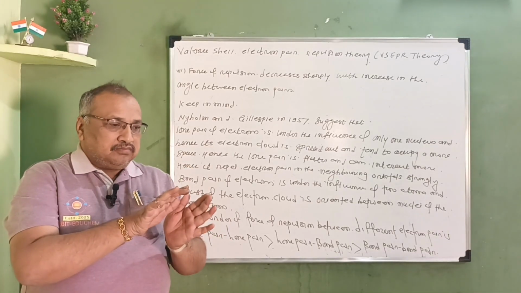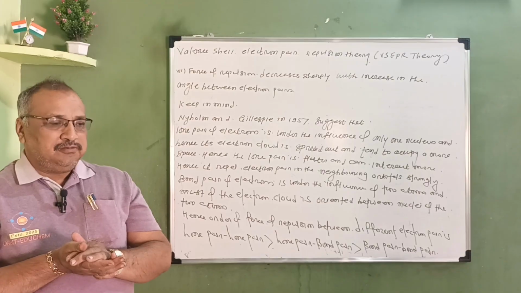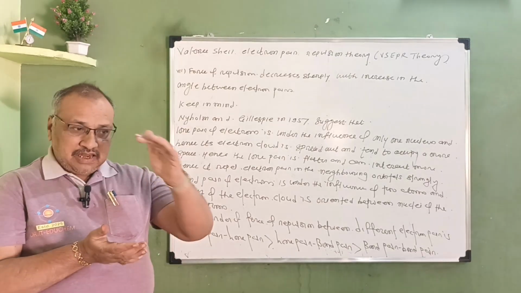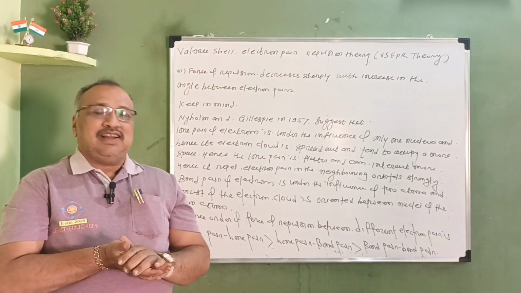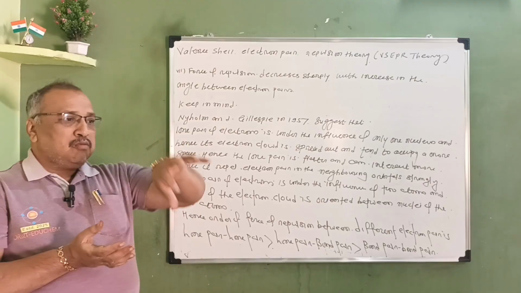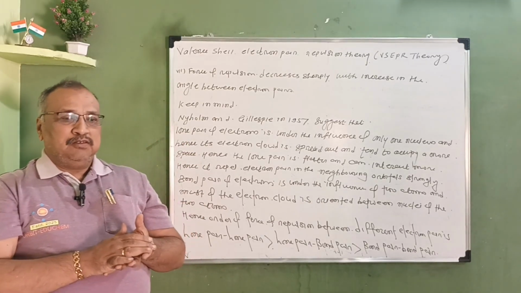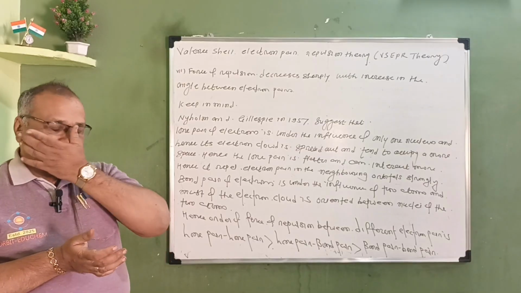Now here number of electron pairs means you can consider bonding electron pairs as well as non-bonding electron pairs. Non-bonding electron pair means lone pair. But what is meant by lone pair?